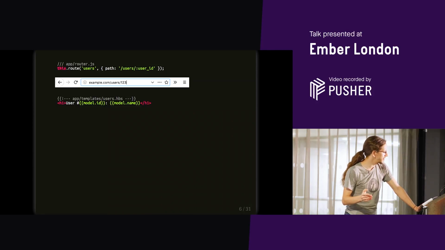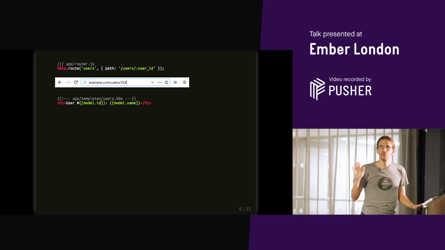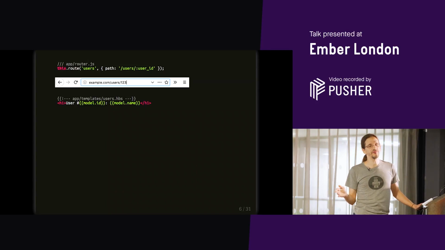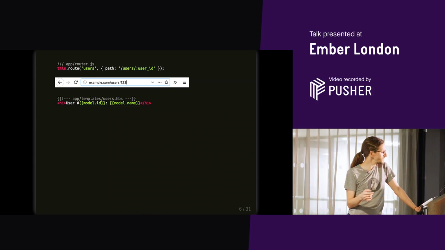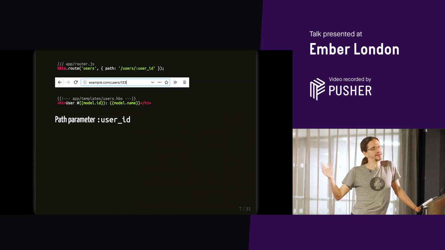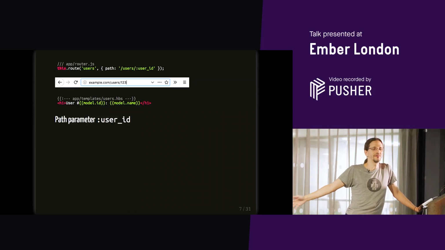And the thing is that with just that, Ember already can fetch the model for us, because when we do not provide a route module, Ember provides a default implementation of the route module for us and a default implementation of the model hook. So the way it works is that Ember sees that there is a path parameter called something underscore ID.